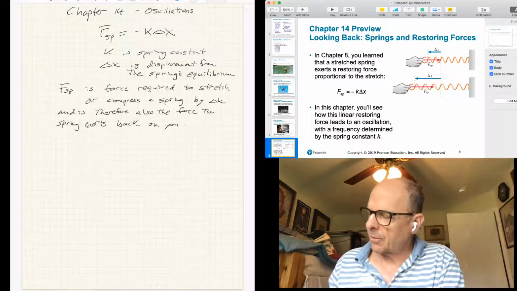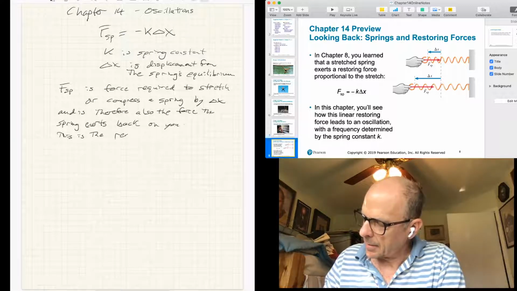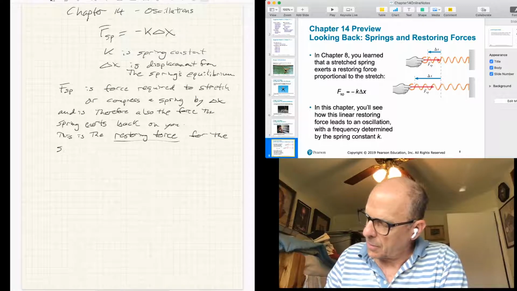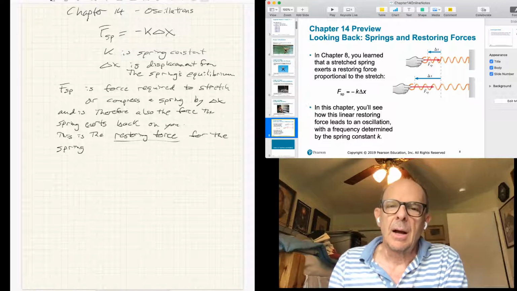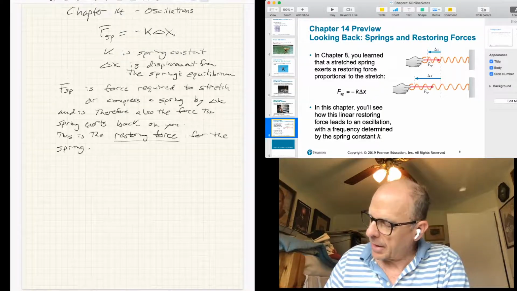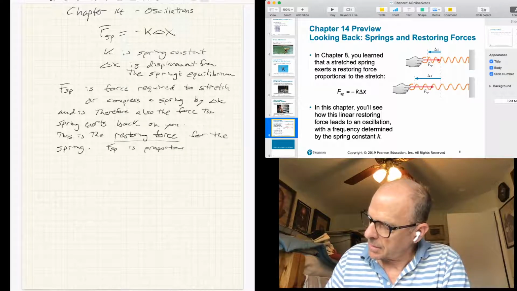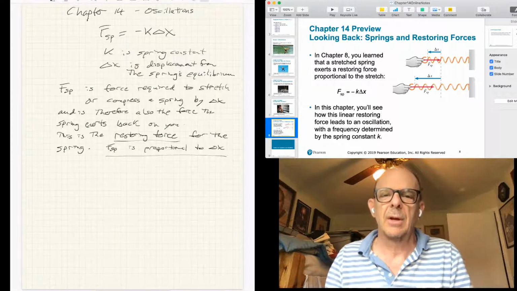And that force is called the restoring force, because it's trying to restore the spring to its equilibrium position. This particular expression, this restoring force for springs, F_sp, is proportional to delta x, and this proportionality is going to be an important point later.